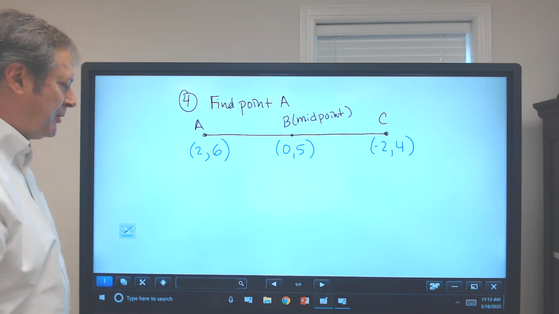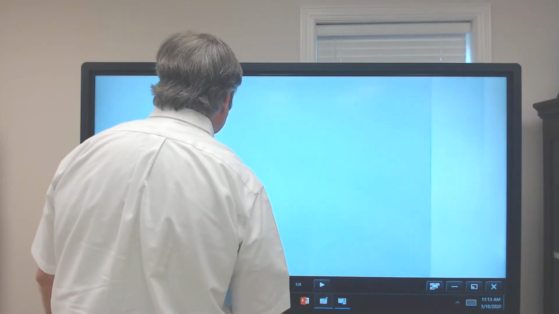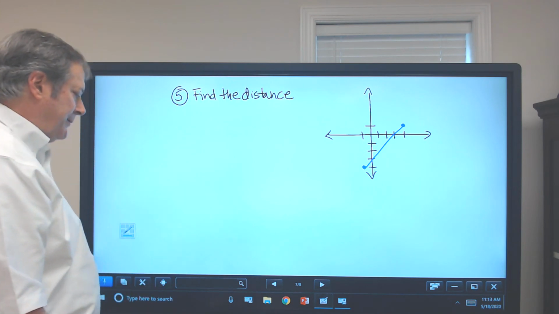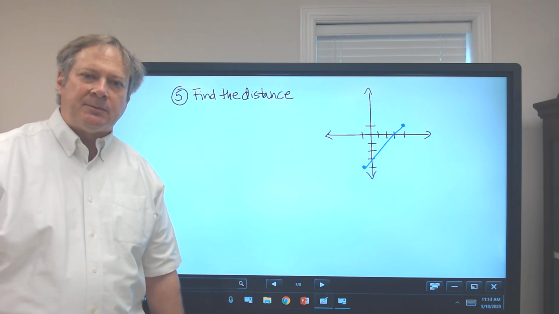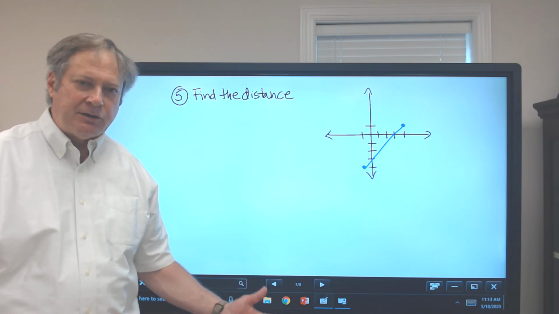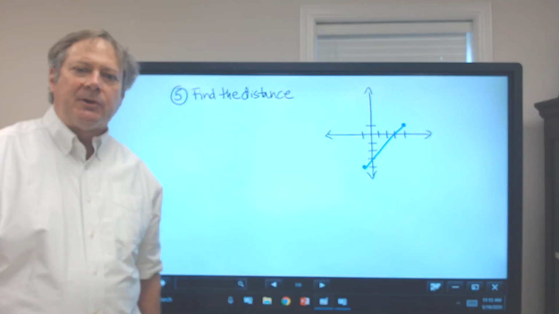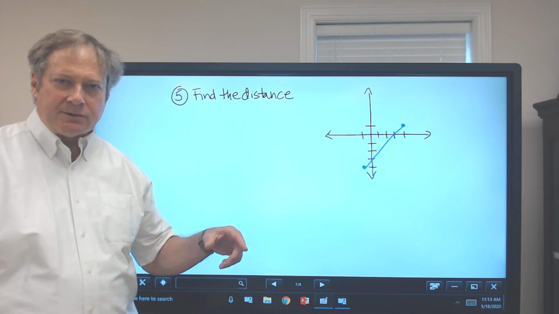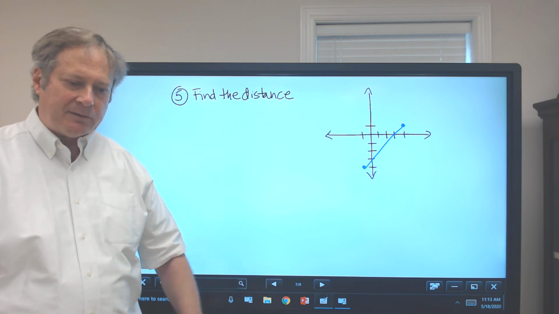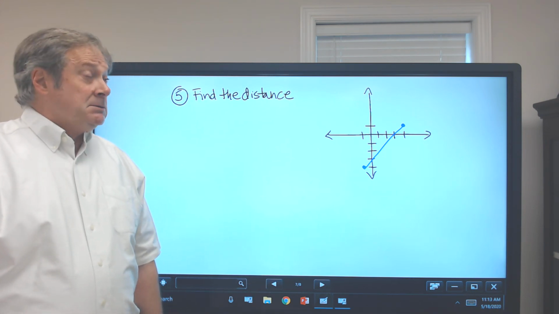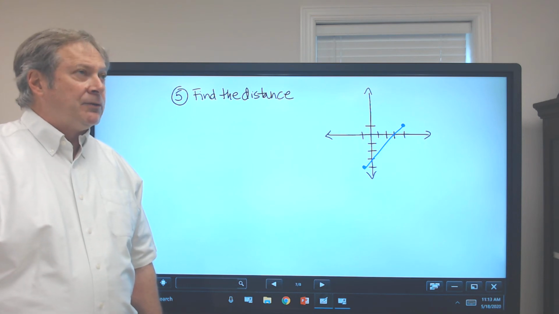Okay, that's midpoint. Let's go now to the distance formula. Now, the distance formula you do need to commit to memory. In Math 2, there aren't too many things we have to commit to memory. You had to commit the quadratic formula to memory, and the special right triangles, 30-60-90 and 45-45-90. Those are the two that come to my mind.